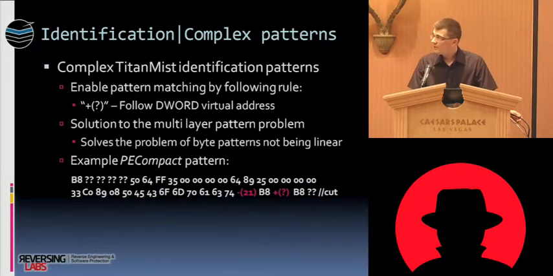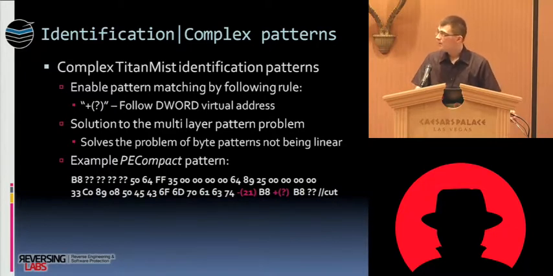This is a combination of the previous feature and this one. This pattern matching enables identification of PE Compact in the first layer. The bytes until the first highlighted part are the first layer. And then we jump back. As I said, we can jump back as well. So we jump back to the beginning of the pattern and we match B8 again and say, okay, follow that DWORD. And we will end up in the second layer of the packer and just continue our pattern matching there.